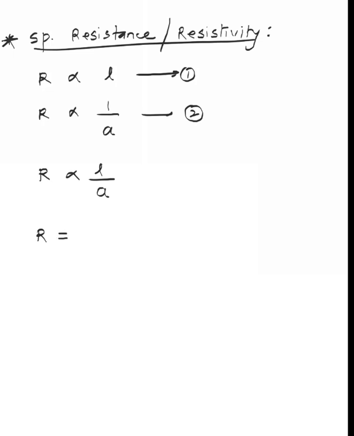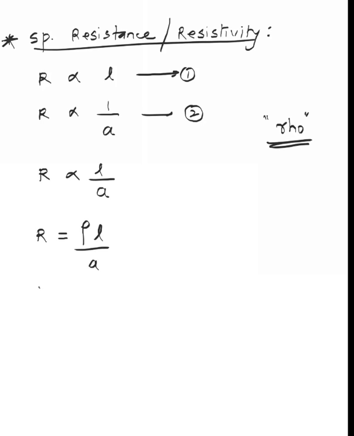That constant we call rho, R-H-O. Remember where you've done this earlier? What would rho mean? Density. Exactly, it was in density. So R is equal to rho L upon A.